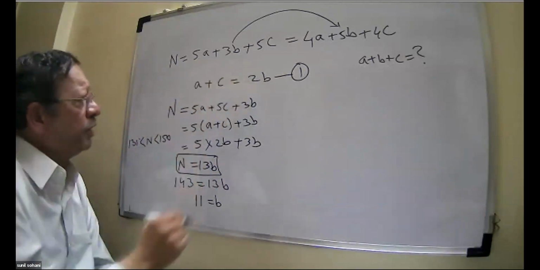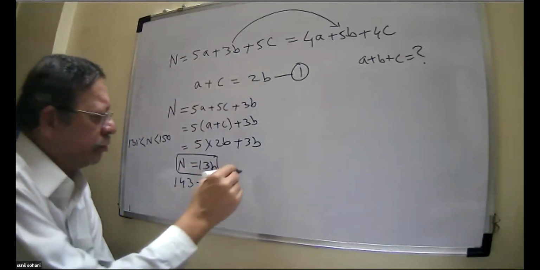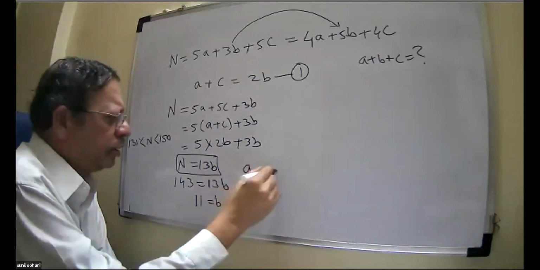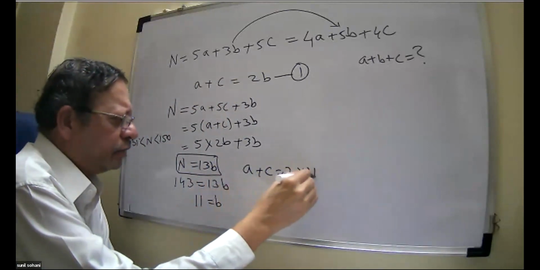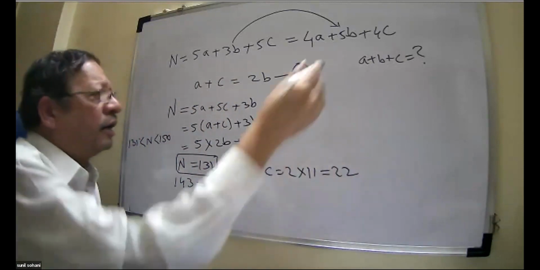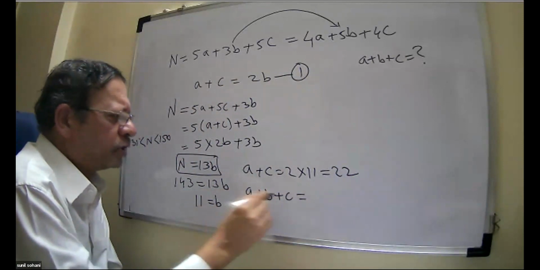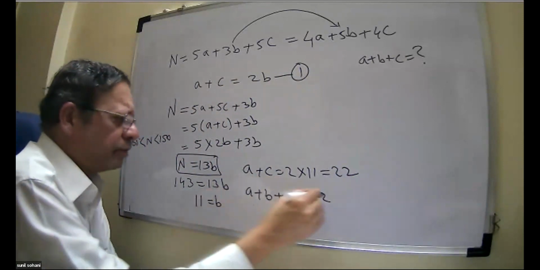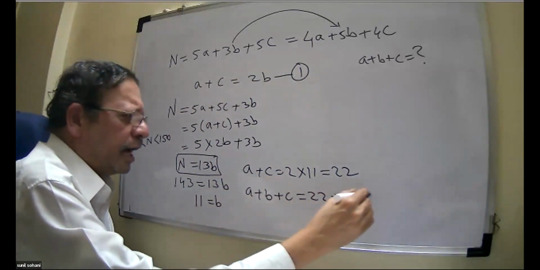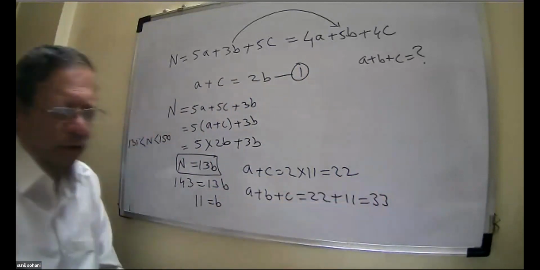And a plus c is 2b. So a plus c will be 2 times 11, which is 22. And the final result required is a plus b plus c. So a plus c is 22 and b itself is 11, so 33 is the answer to the question.